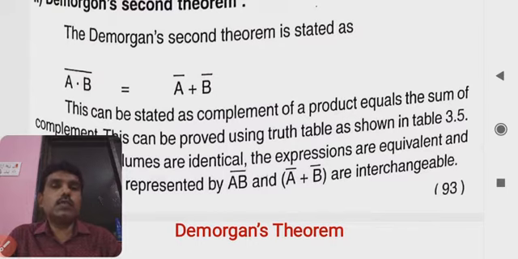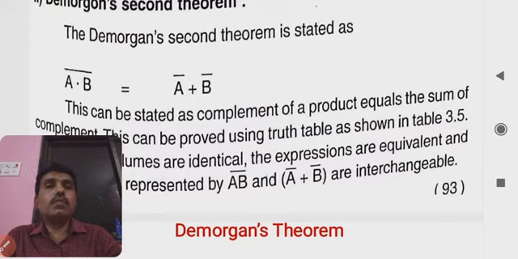It's just the reverse. And in the first theorem, what was that? Complement of sum will be equal to product of their complement, and here it will reverse.